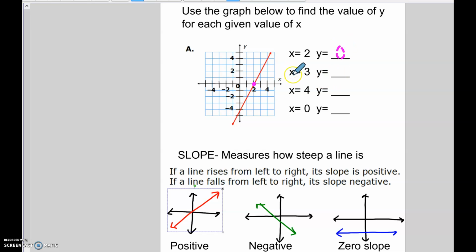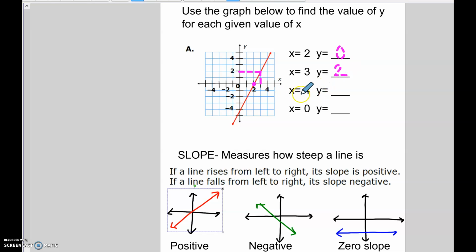What about when x is 3? So I'm going to slide to 3, and I'm going to go up to the graph until I'm touching the red graph. Where am I at y? Go over. Oh, I'm at y equals 2. So when x is 3, y is 2.